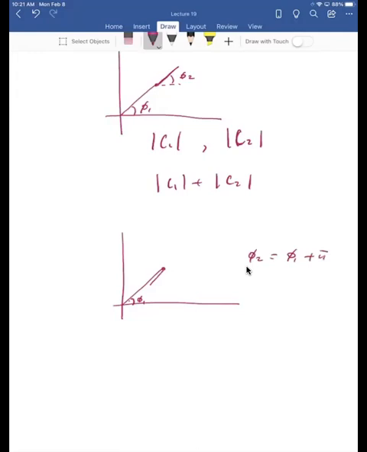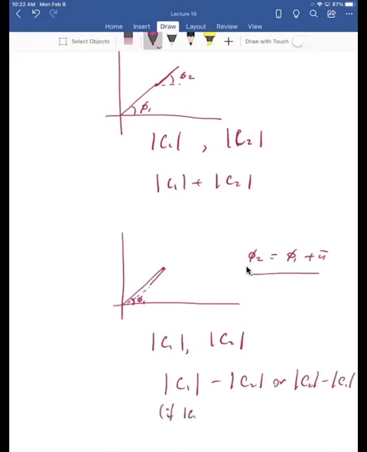And so then this says that if you have two complex numbers with magnitude C1 and C2, then the smallest possible magnitude, which would happen if phases are related like that, is this one. It's this or C2 minus C1, depending on which one is big. If C1 is bigger than C2, it's the first, and it's the second if C2 is bigger than C1.